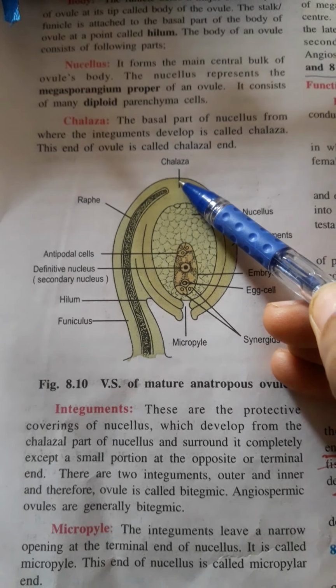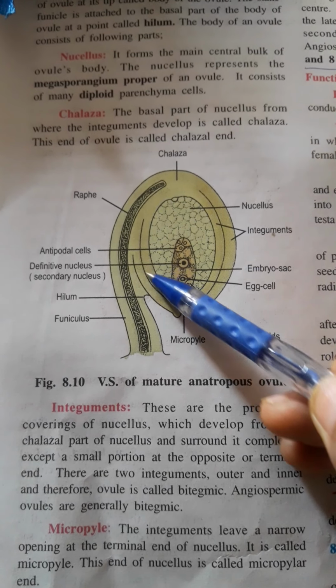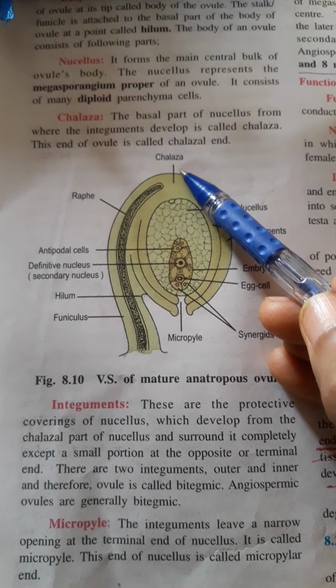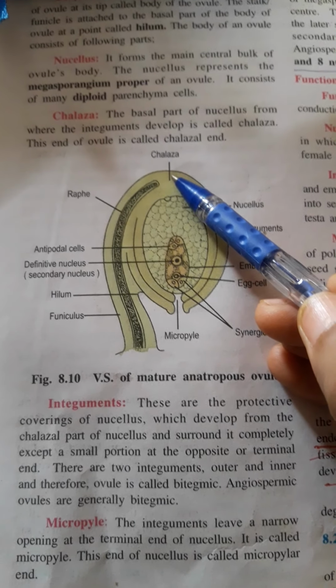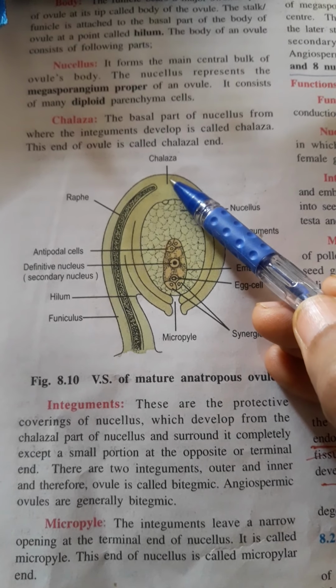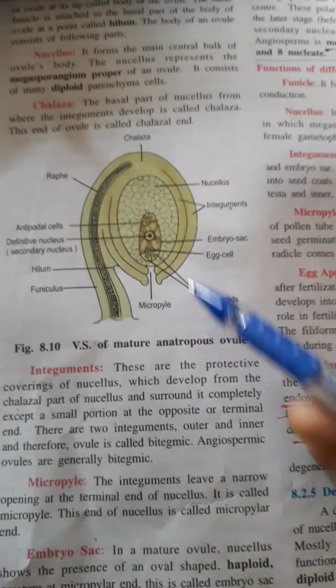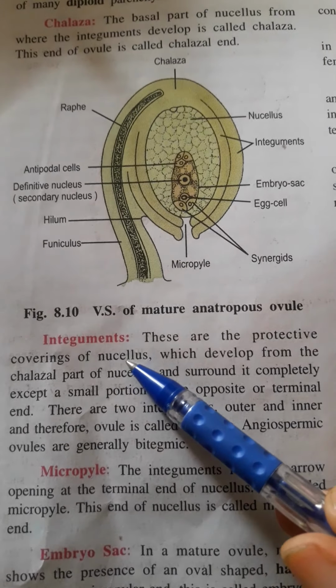So chalaza is the basal part of nucellus from where the integument arises. The end of the ovule is called the chalazal end. Chalaza, chalazal end. Now, integuments. These are the protective covering of nucellus.